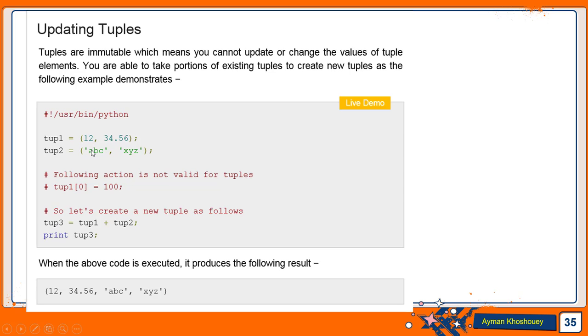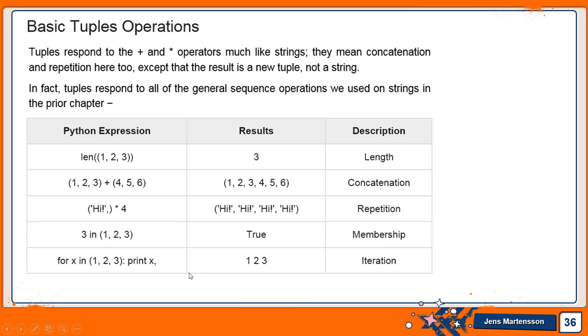We will get the summation of these two tuples. As you see here, tuple 3 gives you 4 items, 1, 2, 3, 4, with different variable types. This is a basic tuple operation. We discussed this before with lists. It is the same as list operations.